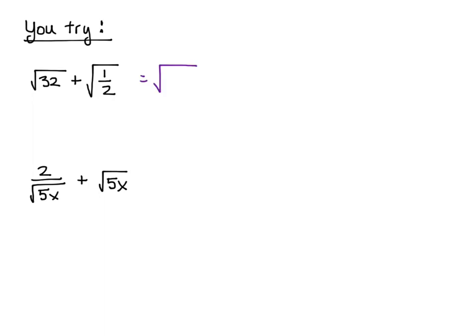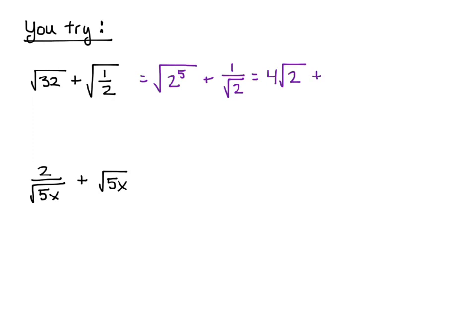So the first thing that we want to do is get it to a factored form, and then that square root of 1/2 is the square root of 1 over the square root of 2. And we can now simplify that first term to be 4 radical 2, right? Because the square root of 2 to the 4th is 4, and then I have a 2 left over.